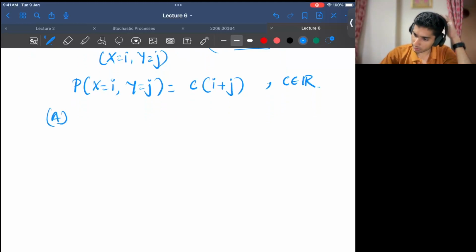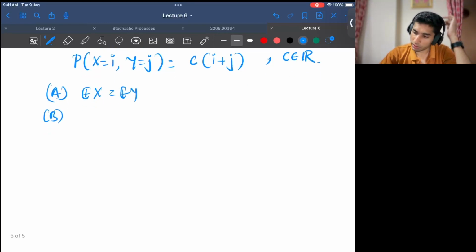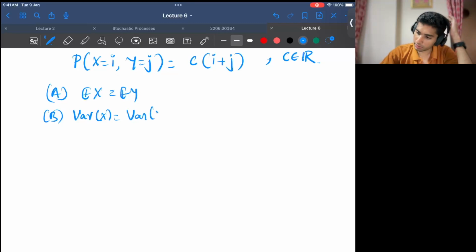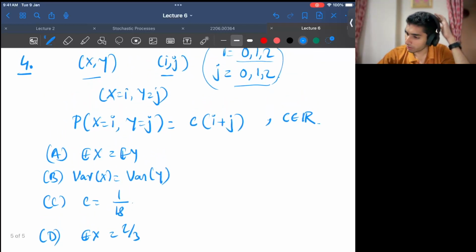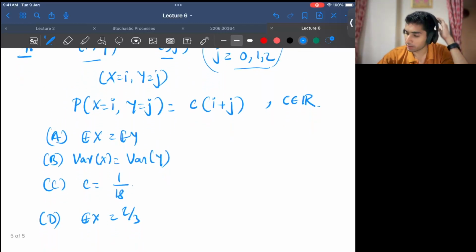The first option is expected value of x is equal to expected value of y. B option is variance of x is equal to variance of y. C option is c is equal to 1 by 18. And D option is expected value of x is equal to 2 by 3. These are the questions that are asked to you.